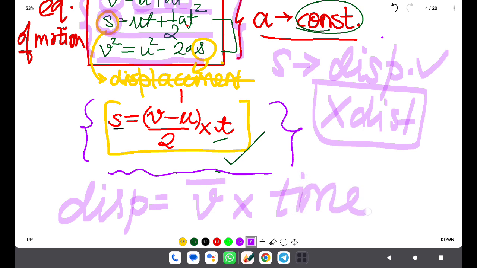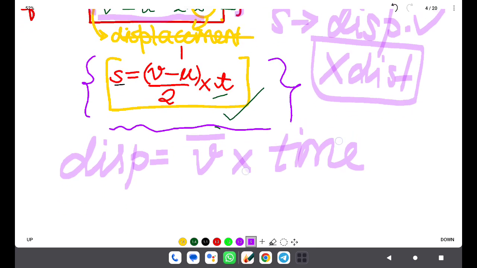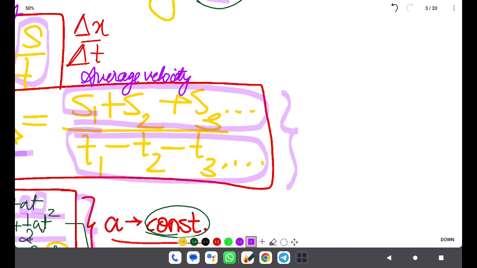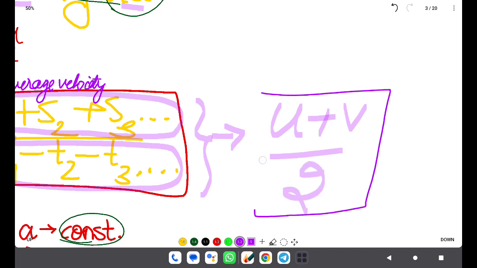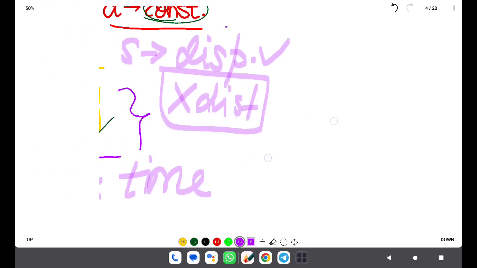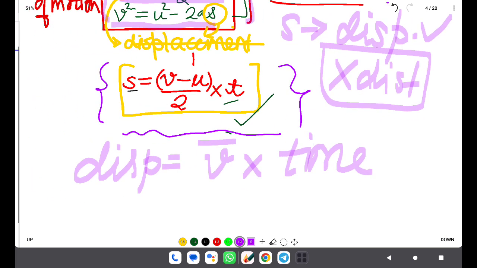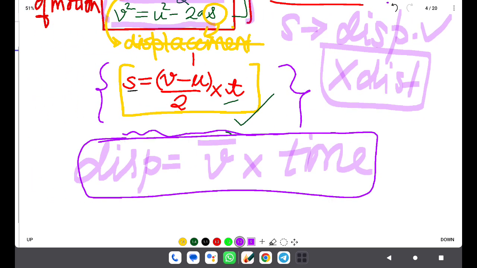And you know that there is another formula for average velocity, that is, initial velocity plus final velocity by 2. This also gives you the value of average velocity. So if acceleration is not given, you can directly apply this formula and calculate.